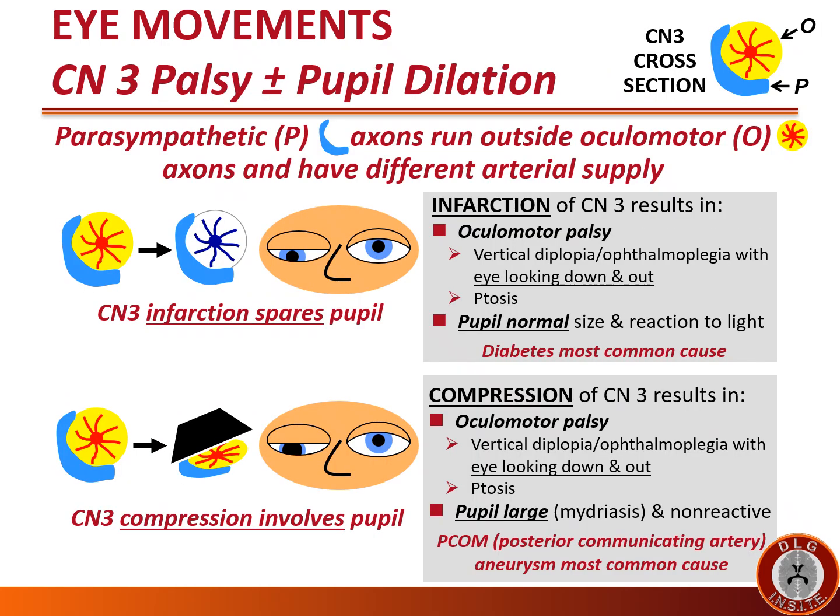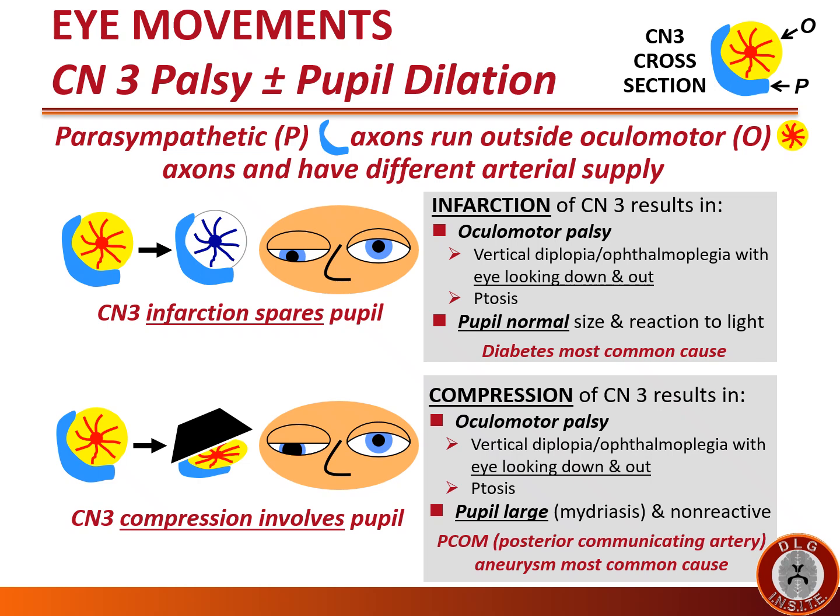Another relatively common cranial nerve palsy is cranial nerve 3 palsy, oculomotor nerve palsy. And the two main etiologies of cranial nerve 3 palsy are infarction and compression. Now, to understand how to differentiate those two clinically, one must understand the anatomy.